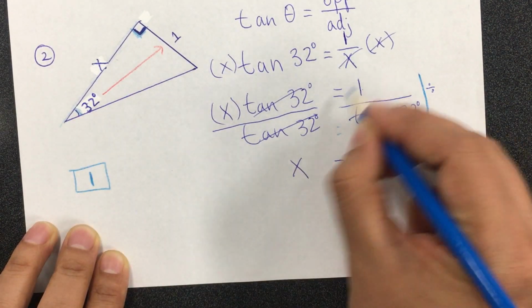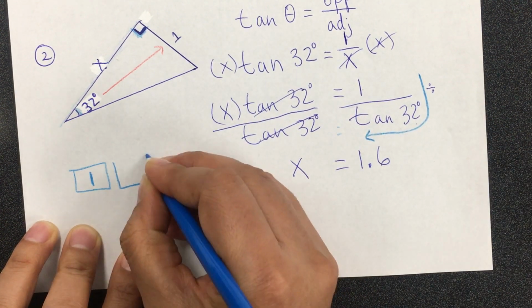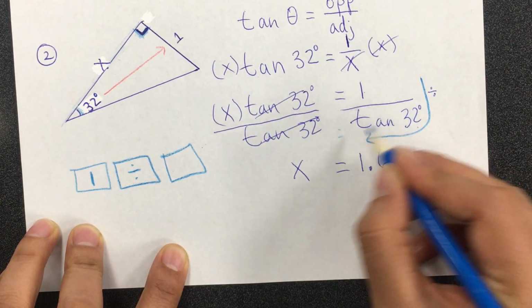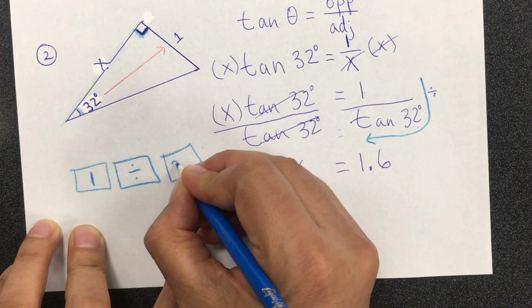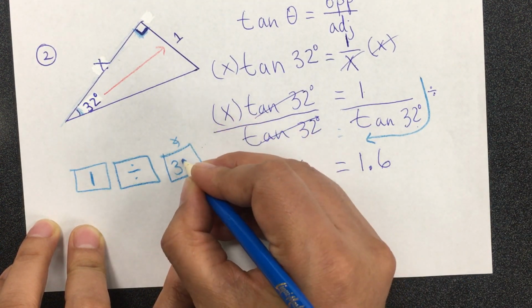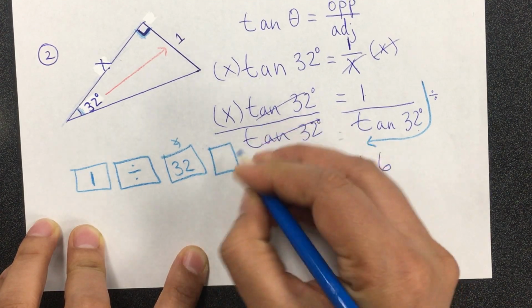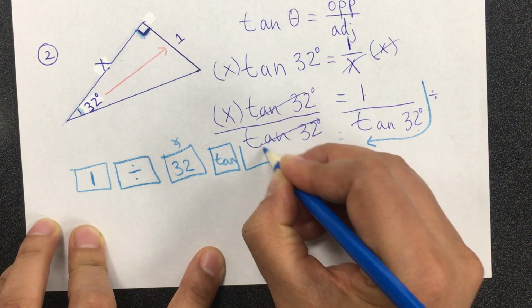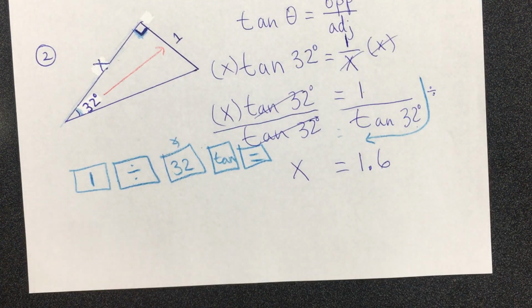1, which is whatever is in the numerator, divided by, and this part is the one that is backwards. Angle first, tangent second, and don't forget equal.